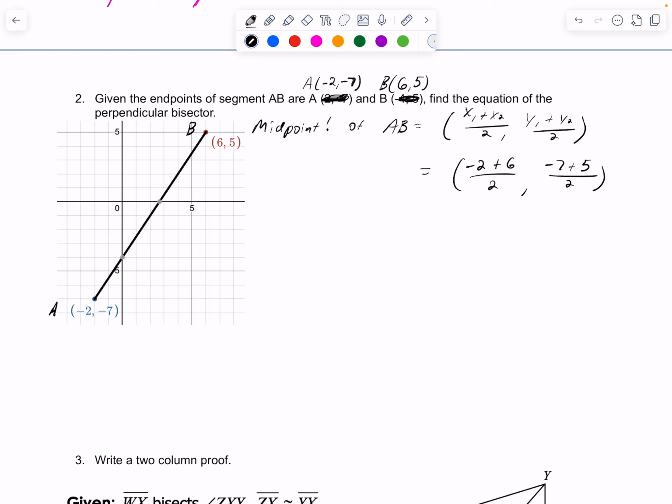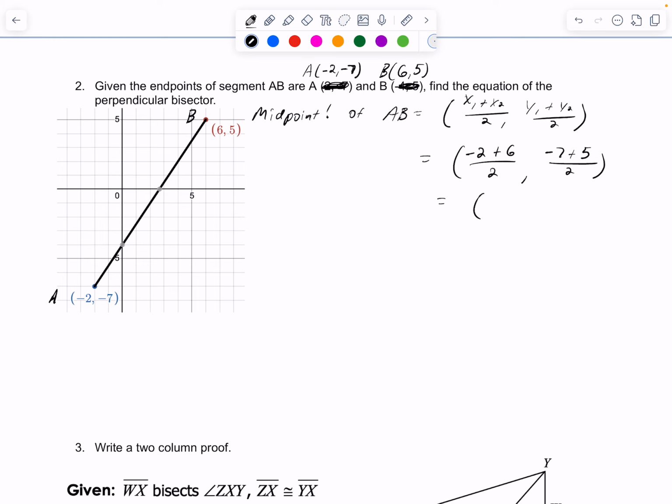So that midpoint is going to be 2, and then negative 1. So that is my midpoint. If I were to plot that right now, 2, negative 1 is right there. Which shouldn't surprise you, right? Our bisector is going to intersect that segment AB at that point.